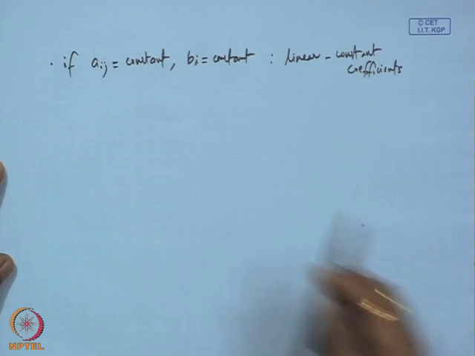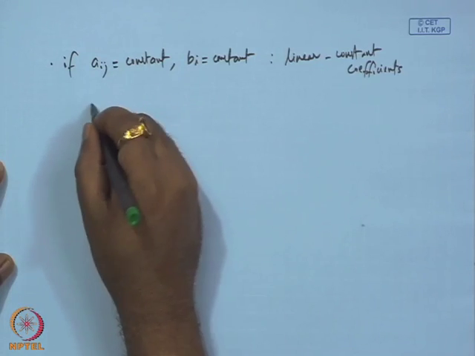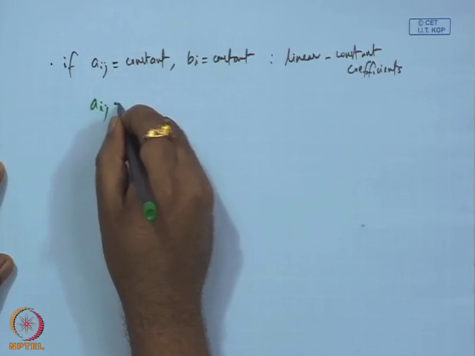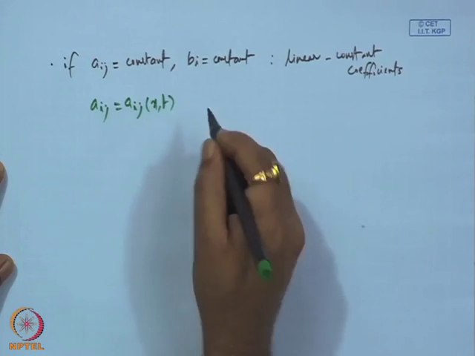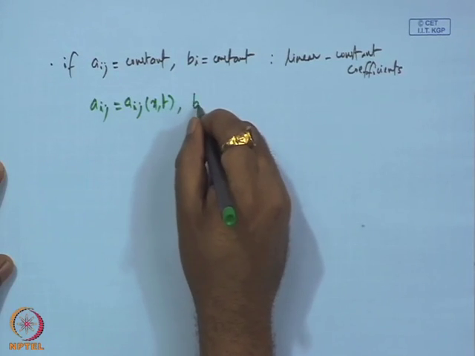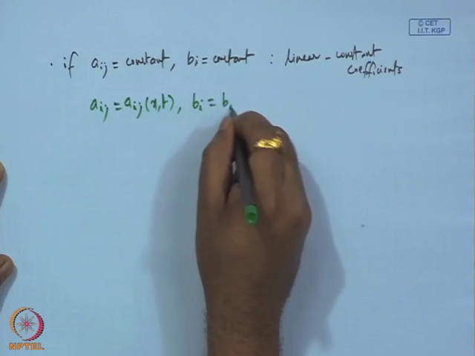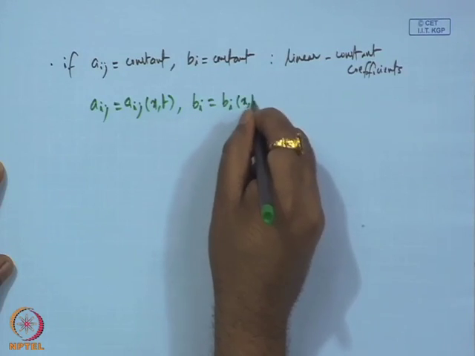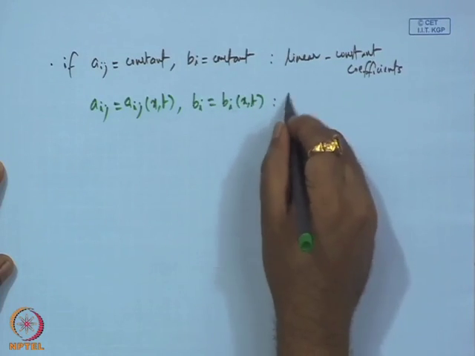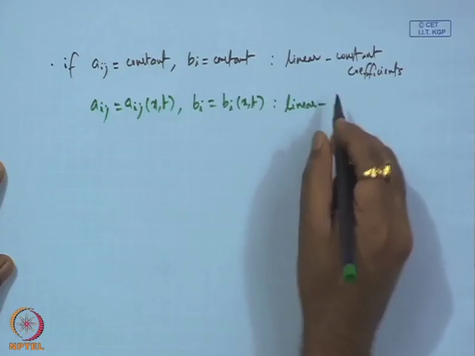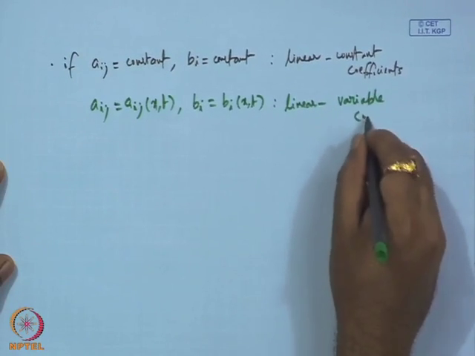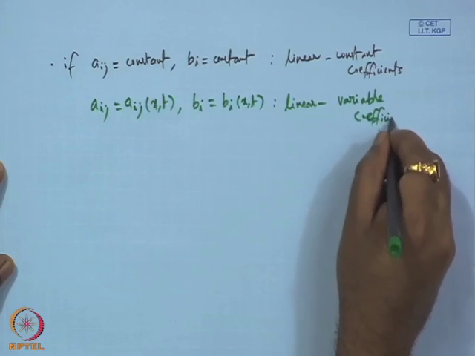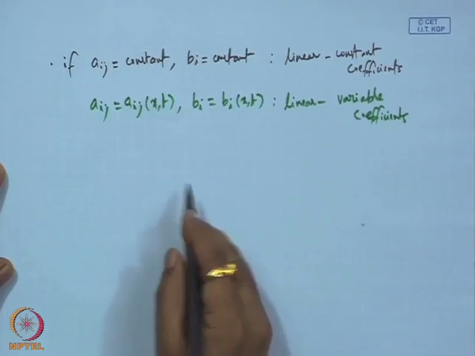Okay. However, if A i j is A i j (x, t), B i is B i (x, t), then linear with variable coefficients.